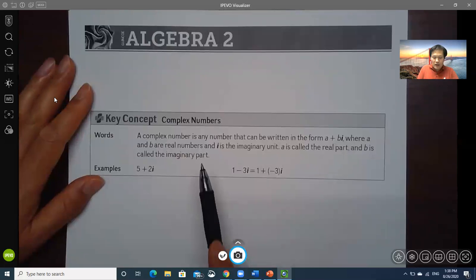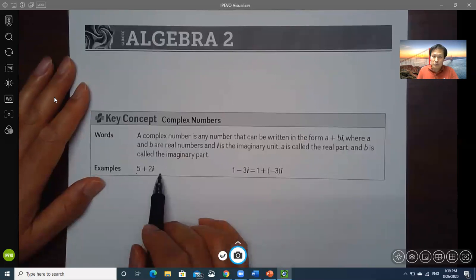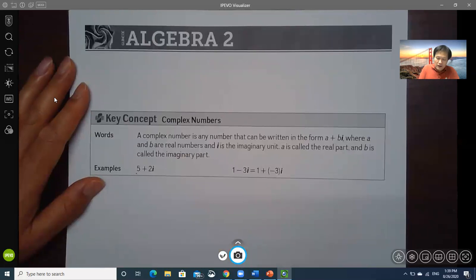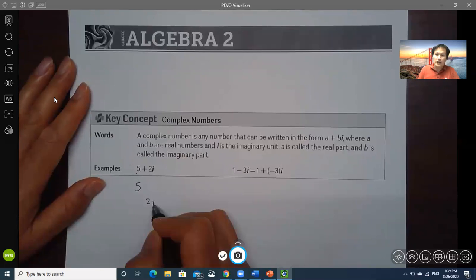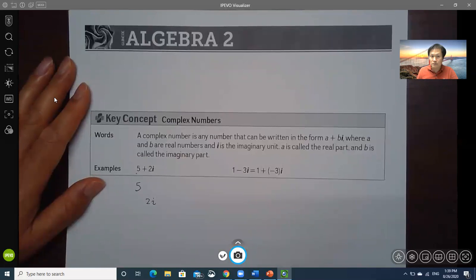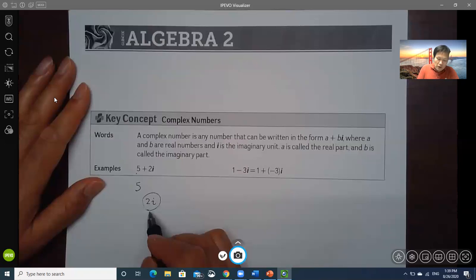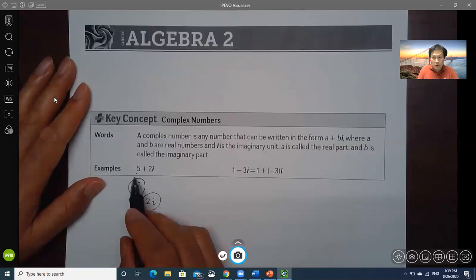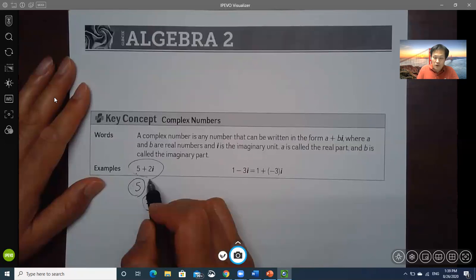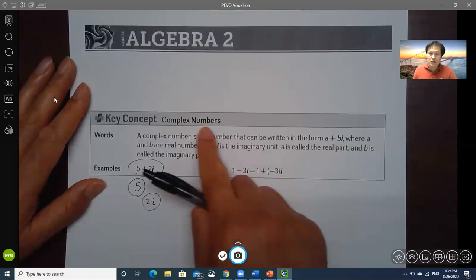So 5 plus 2i is a complex number. 5 is a complex number. 2i is also a complex number, because this case is the same as 5 plus 0i, and this is the same as 0 plus 2i. So you can have only an imaginary part, only a real part, or both parts. All of them are called complex numbers.